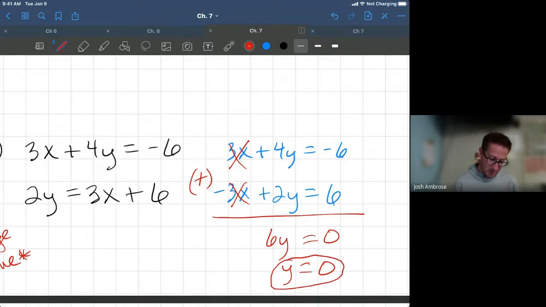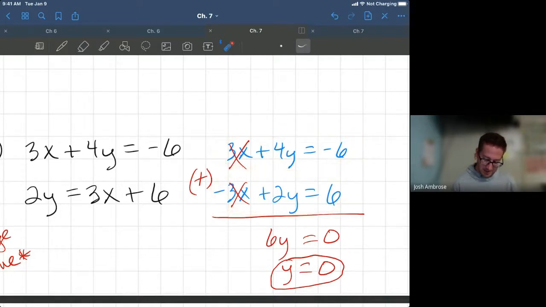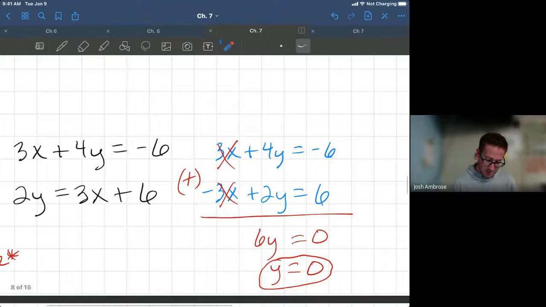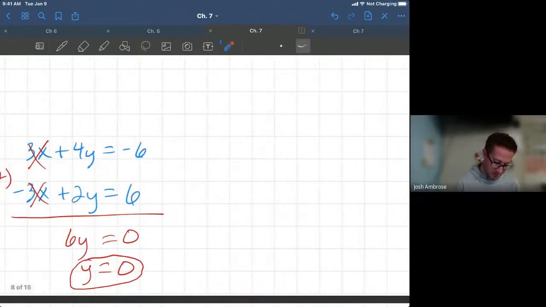Now, what we could do is take any one of these originals right here and then take our y as 0 and plug it in. I'm going to take y as 0 and plug it in right here because that is an equation where almost everything's a positive, and I'm good with the fact that it's a negative 6 because that's my constant.